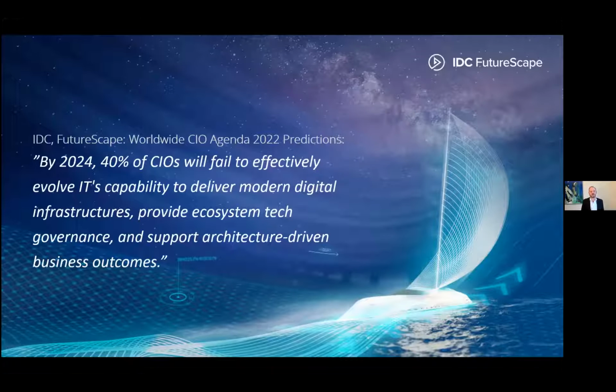IDC makes more than 100 predictions every year on specific technologies and industries. But one of the overarching ones is that in 3 years' time, 40% of CIOs will not be able to deliver the requirements that the business has for the IT environments.